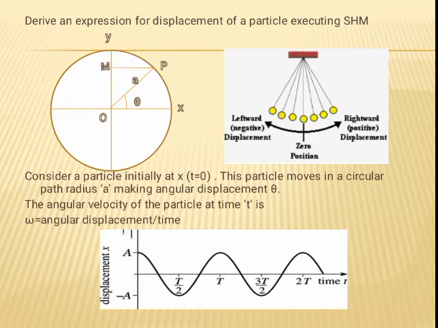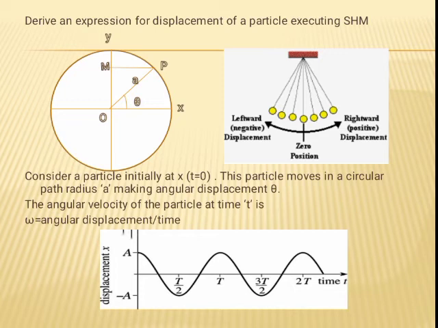So now if I consider angular velocity, yes, it is omega. Omega is equal to angular displacement divided by time. That is what I am substituting here, omega.